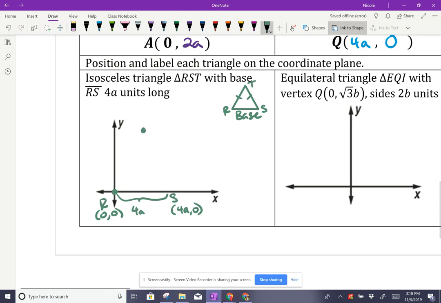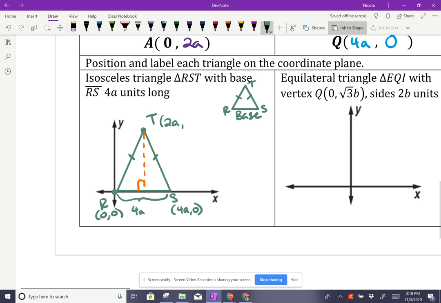So then we need to find where T is going to be. Since this is isosceles, we're going to have an altitude that can drop down and help us figure out where T will be. Since we're only going halfway across, the x value of T is going to be at 2a.